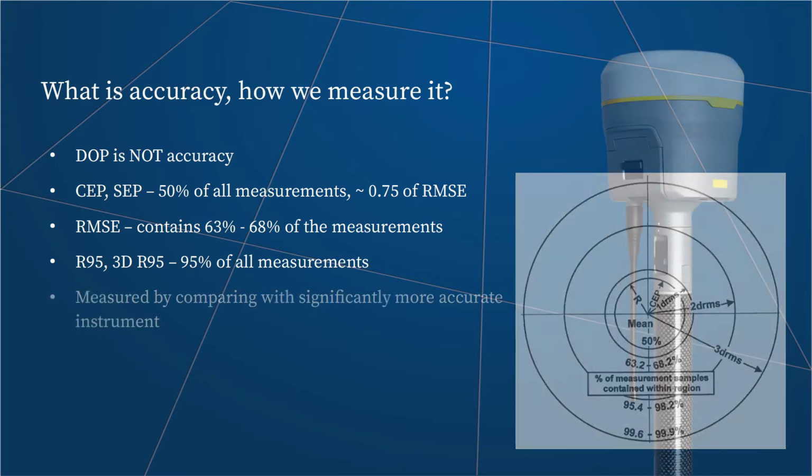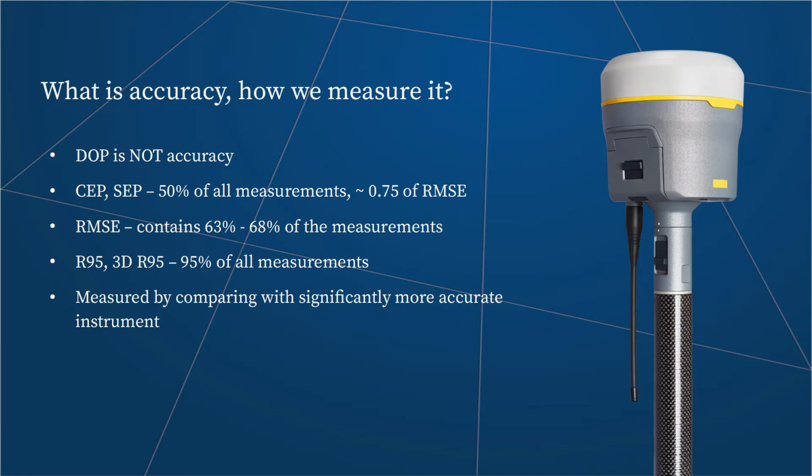To measure these values, we cannot use only the receiver in question. We must compare with something else which is much more accurate than the one we are testing. These receivers are usually survey grade instruments and they are accurate in centimeters or sometimes in millimeter ranges.